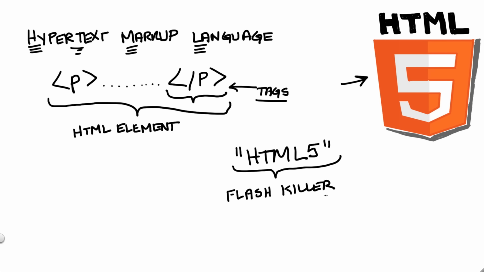And what they're really talking about here is a suite of technologies. And those technologies are HTML5, the markup, which we are using in this class, and CSS3, which we're also going to use, JavaScript, which we touched on a little bit last week, and modern browsers.